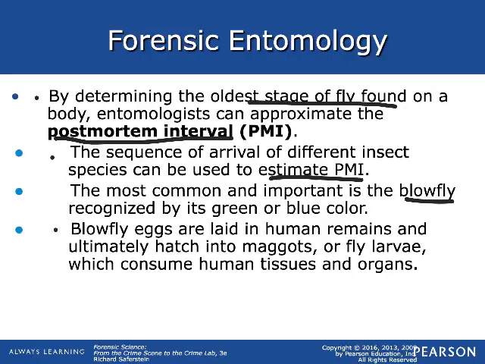Blowflies lay eggs into human remains, and they will hatch into maggots or fly larvae, and then they're going to start eating the tissue and the organs. So they can look at the size of the larvae and determine how long the body's been there, as to when the flies landed on the body.